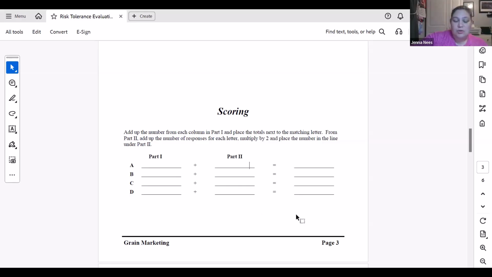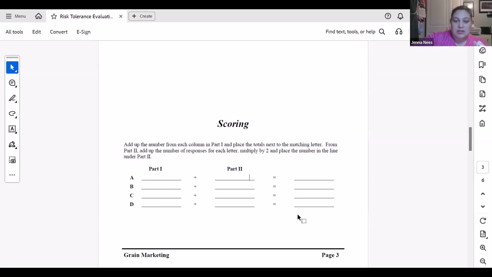For part 2, you'll look through those 5 questions, and let's say you circled A twice. You'll do 2 multiplied by 2 to get 4 for A. If you did 1 B, it's 1 times 2 for 2. If you did no C's, 0 times 2 is 0.